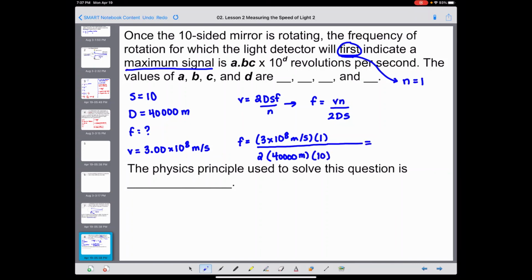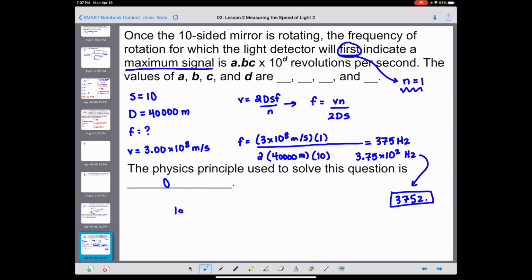I calculated that already, and I got 375, and this is a frequency, so it's going to be hertz. Or because this is a numerical response question in your booklet, this is going to be 3.75 times 10 to the 2 hertz. So you would bubble in 3752. And then the physics principle used to solve this question is just principle 0, like we discussed earlier in the notes. I just want to go back to this for a second.